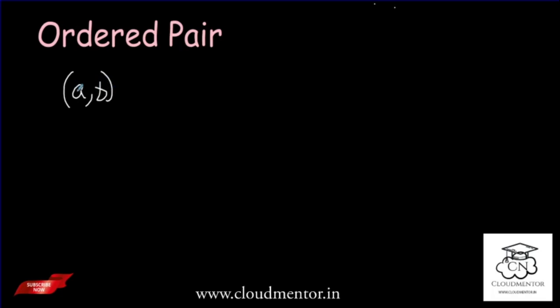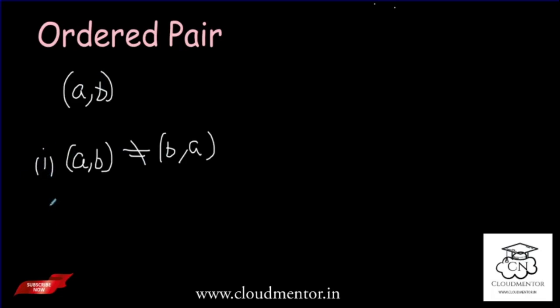It is evident from the definition that ordered pair AB is not equal to ordered pair BA. In ordered pair AB, the first element is A and the second element is B, and the ordered pair AB is not equal to ordered pair BA.